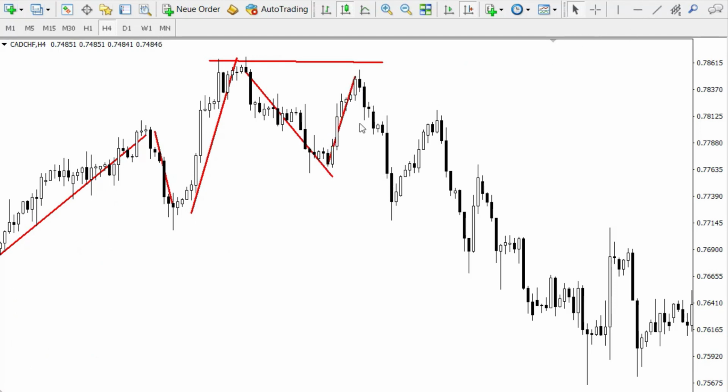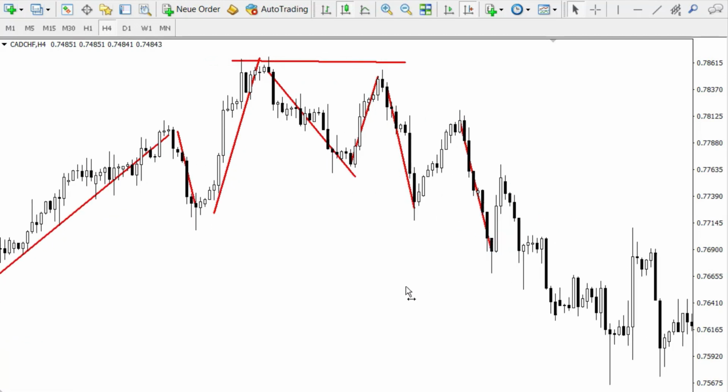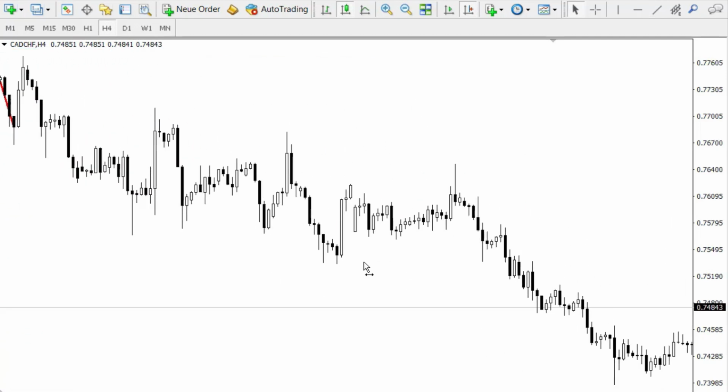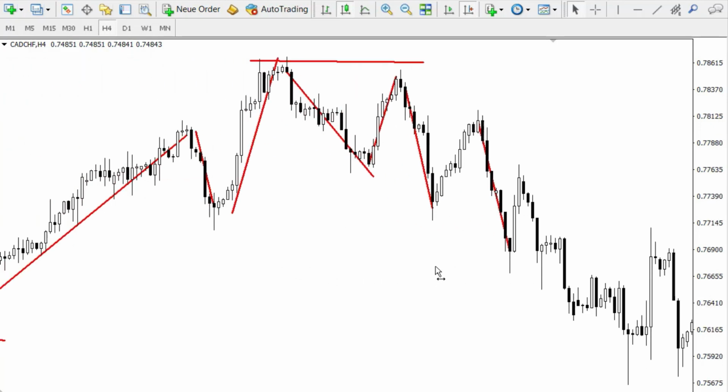This next wave to the upside is even shallower. You can see that although the buyers try to push higher, they never really can outperform this previous correction wave to the downside. This is the first warning signal, and then you can see here now the sellers are really stepping up, and now the trend direction is completely turning to the downside. And you can see what happened. The price is falling and falling and falling afterwards.